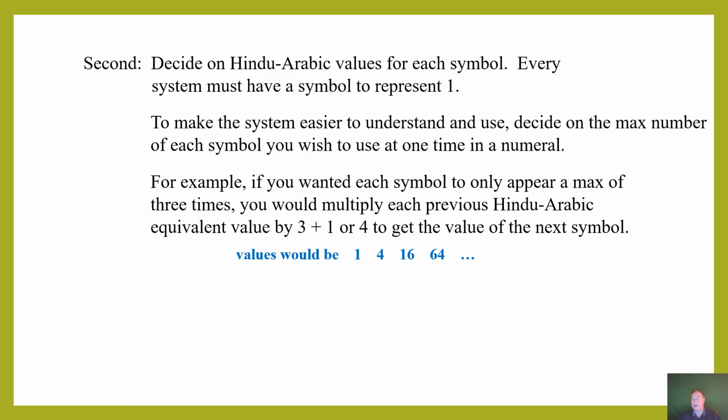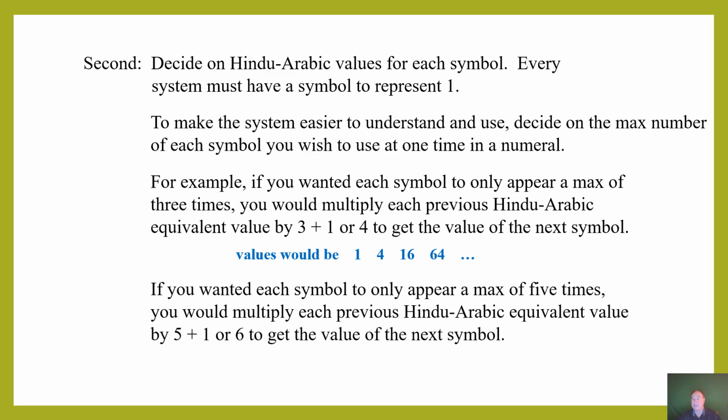Values would be 1, 4, 16, 64, and so on. If you wanted each symbol to only appear a max of 5 times, you would multiply each previous Hindu-Arabic equivalent value by 5 plus 1, or 6, to get the value of the next. Values would then be 1, 6, 36, 216.